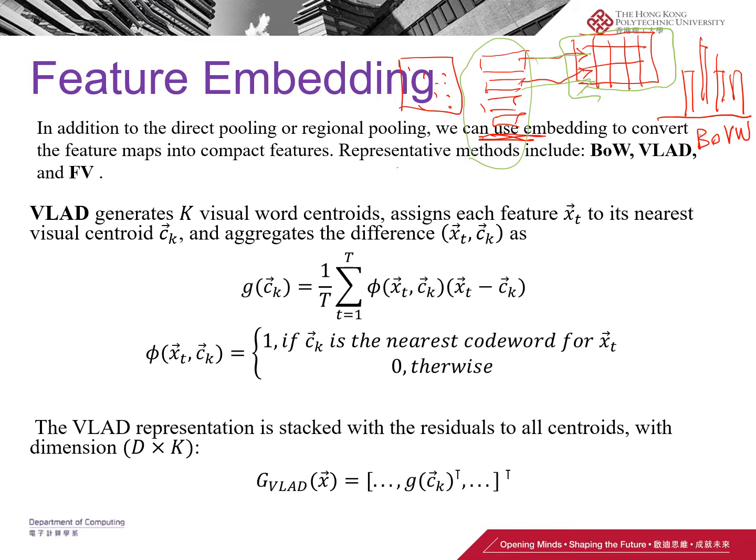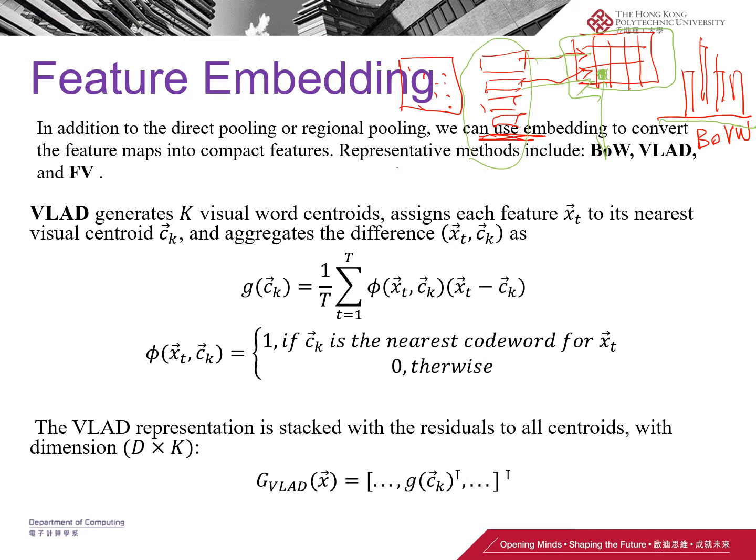But the only thing different is how we calculate this histogram. For all the feature vectors which have been assigned to one word, we will not count the number of feature vectors assigned to that word. Rather, we calculate how each feature vector is different from that word.